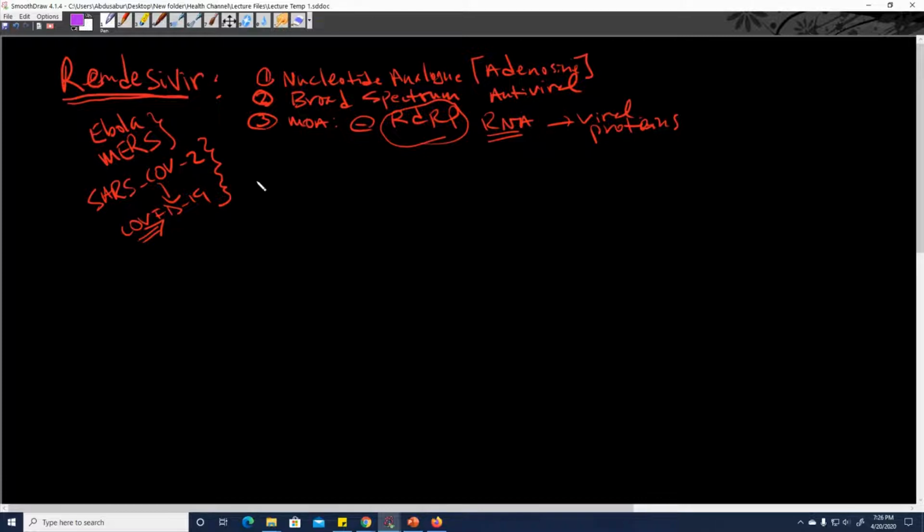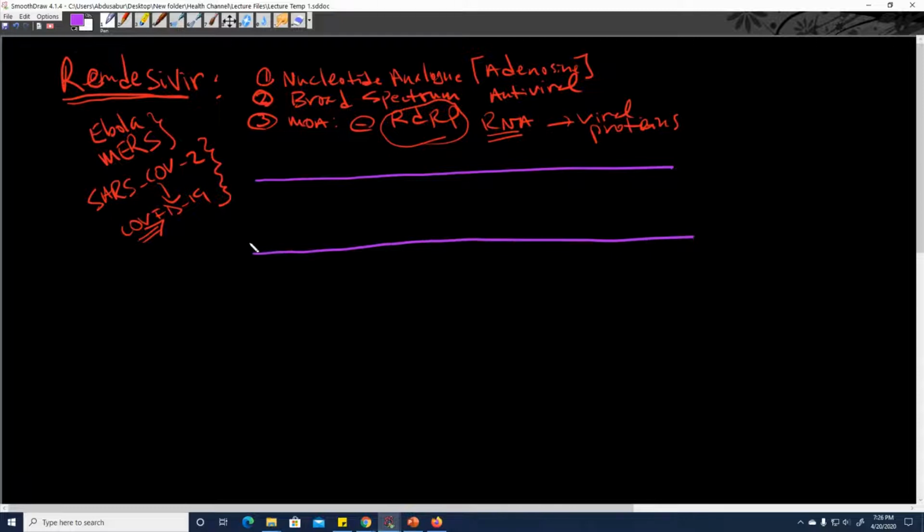So essentially, if we can imagine that we're building an RNA molecule here. Let me put this one here. These are just different nucleotides that are used to make the RNA molecule.